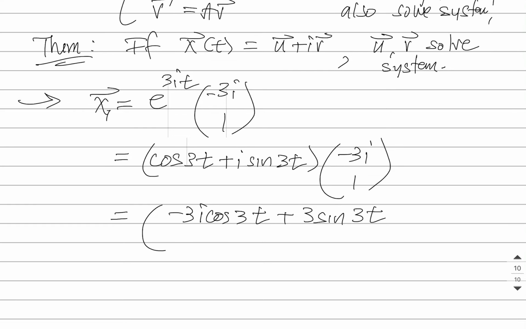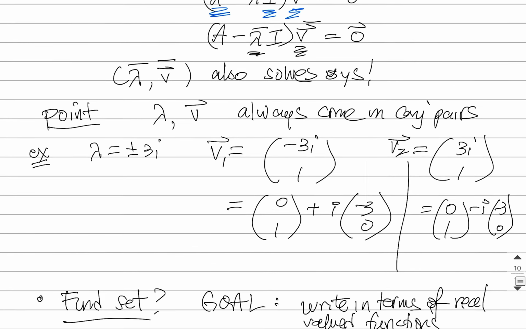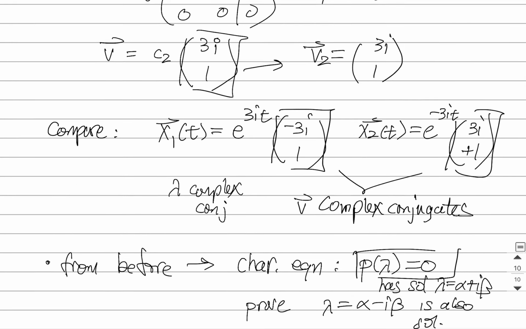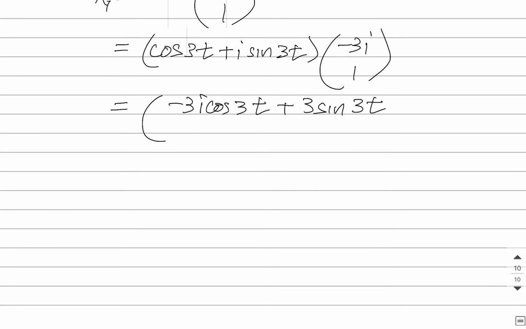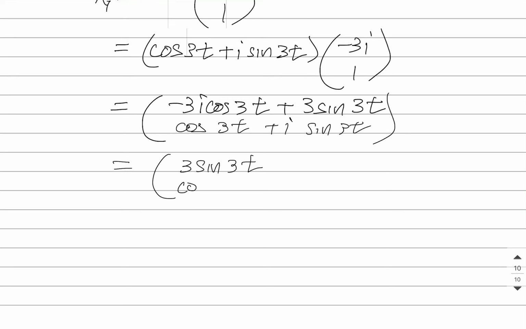Sorry, I'm double checking that I have the correct vector here. Yes, I do. And in the bottom, we'll get cosine of 3t plus i sine of 3t. I'm going to split this up into a real part, 3 sine 3t, cosine of 3t, and an imaginary part, negative 3 cos 3t, sine of 3t.